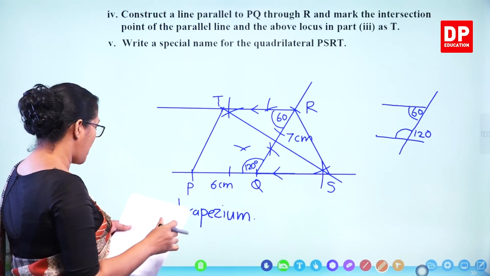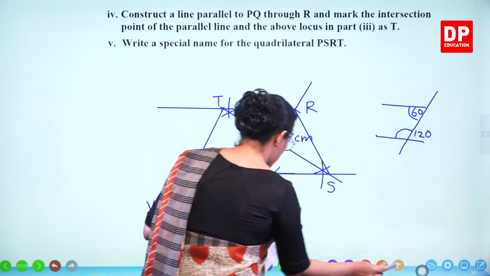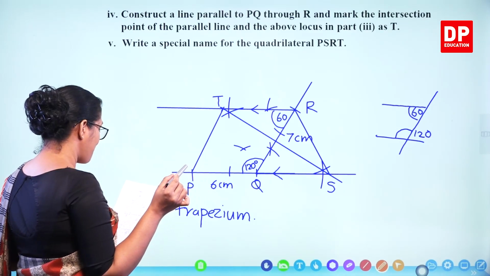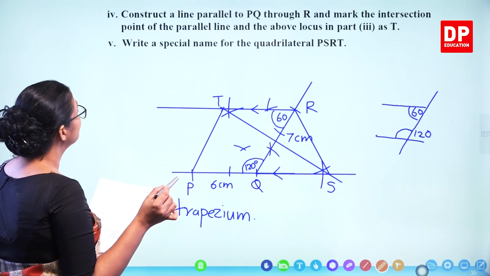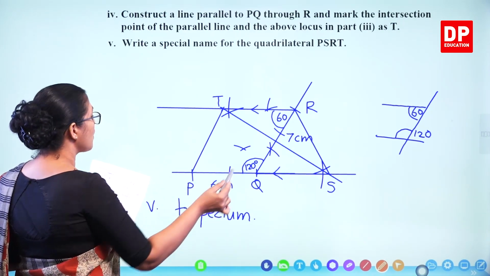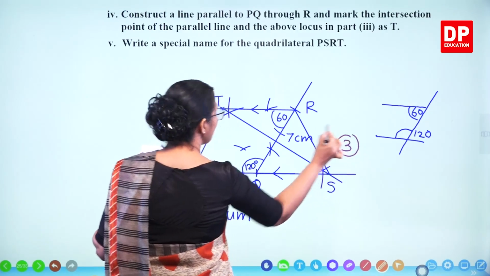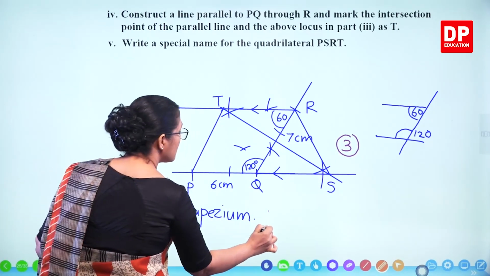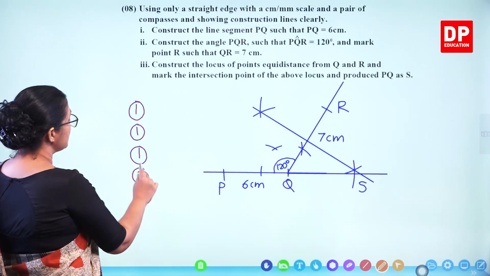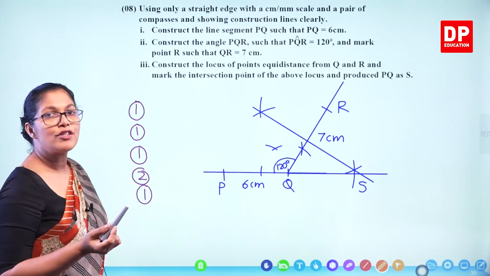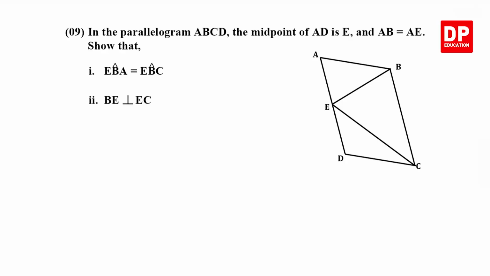So that's the last part. We'll see how many marks for these two steps. 3 marks for part 4 and 1 mark here. So 4, 5, 6, 7, 8, 9, 10. So altogether 10 marks.